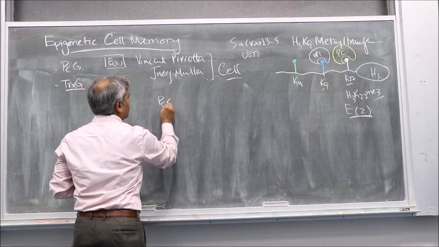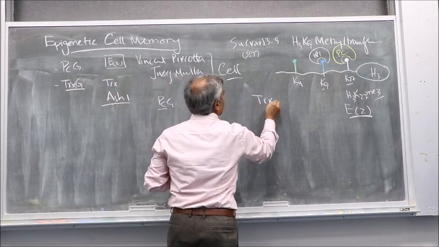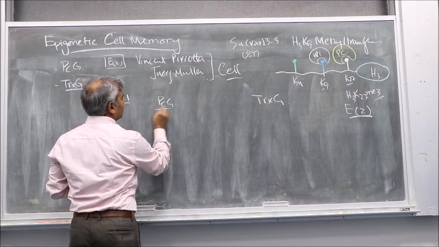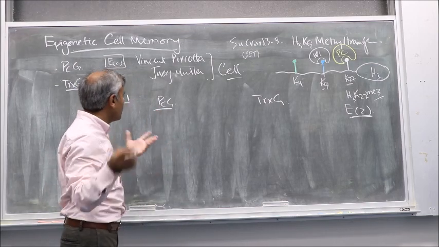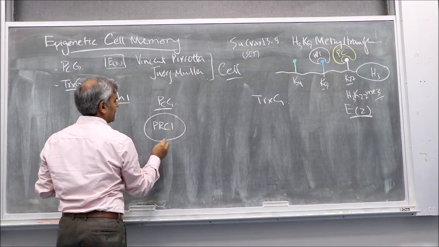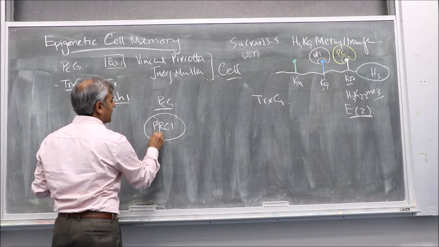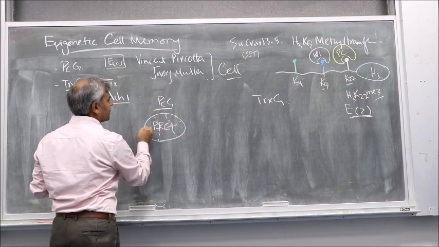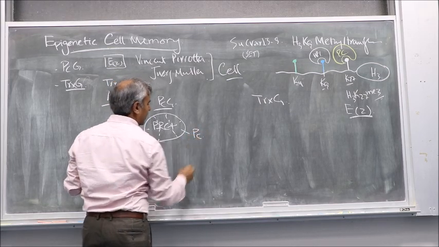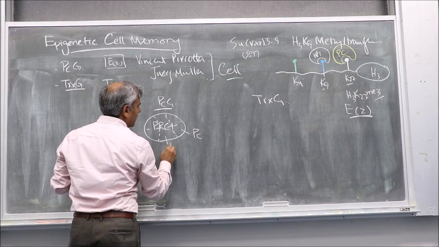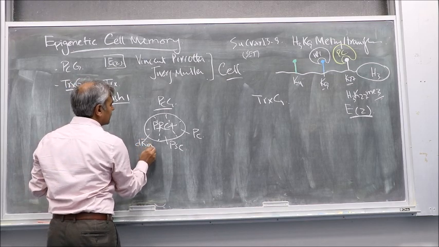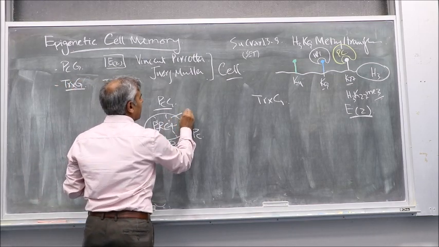let's have Polycomb group, trithorax group. So in Polycomb group we have two main complexes, which is called PRC1. PRC1 comprises 4 different proteins. For example, it contains chromodomain containing Polycomb, it contains posterior sex combs, it contains dRing, and it contains polyhomeotic.